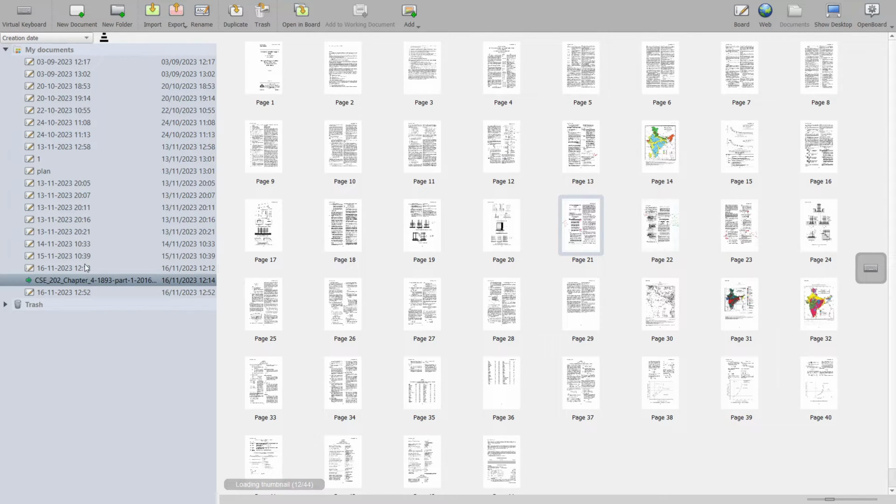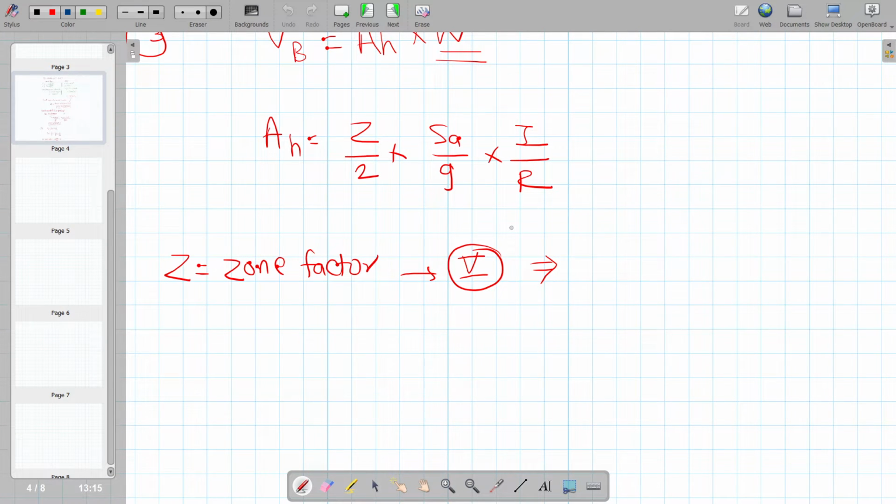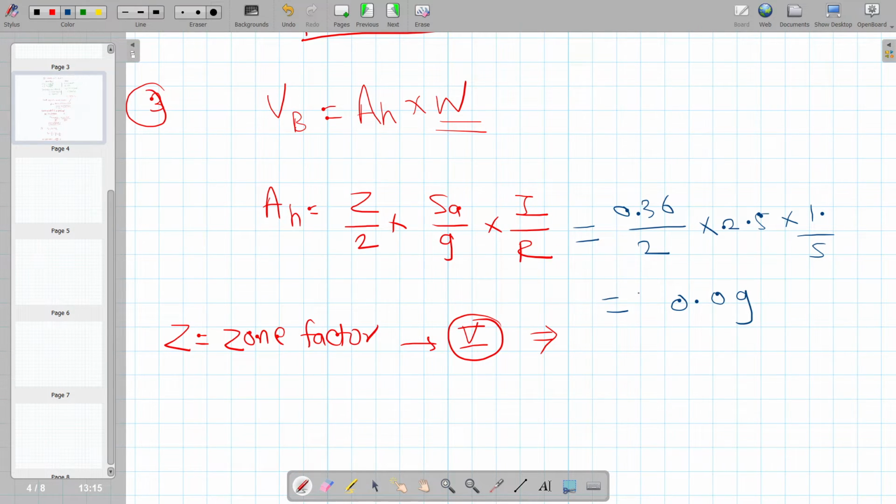Let's come back to our calculation page. So Z is 0.36, divided by 2, multiplied by SA by G, which is 2.5. Importance factor is 1 and response reduction factor was 5. If you solve this, you will get AH equal to 0.09. Now you have to put this value in this formula.